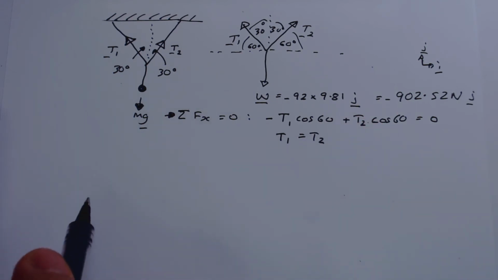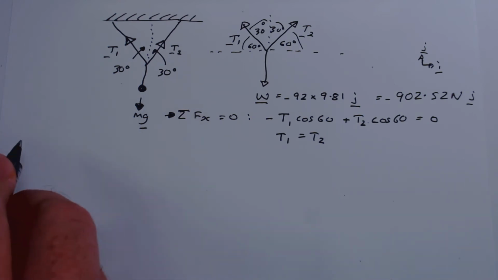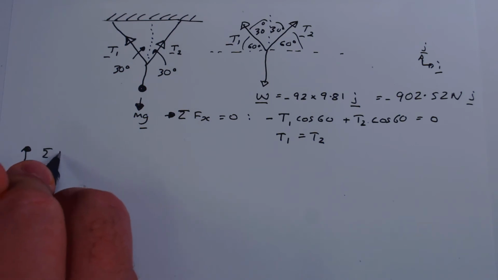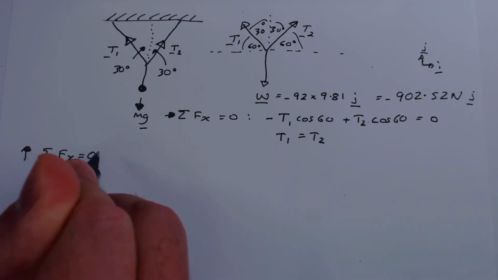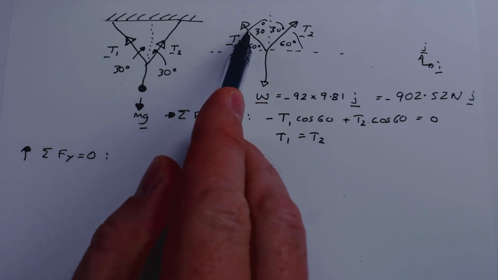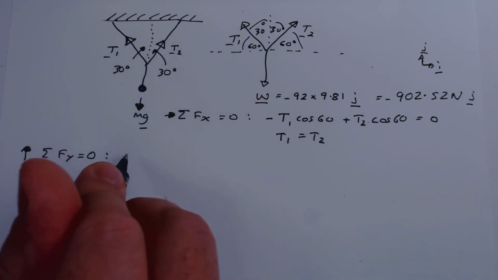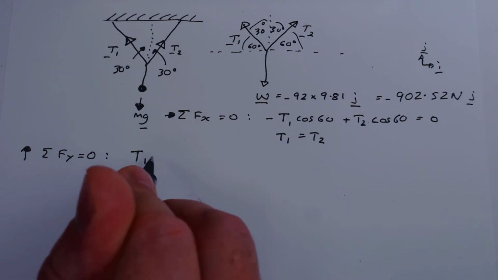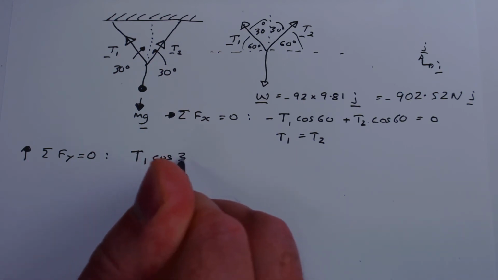Right, so the next bit of the problem is where it slightly changes if we're playing with angles and rational numbers. So we're going to look at the forces going upwards. Okay, so this time we're going to swing through the 30 degrees. So I have T1 cos 30.